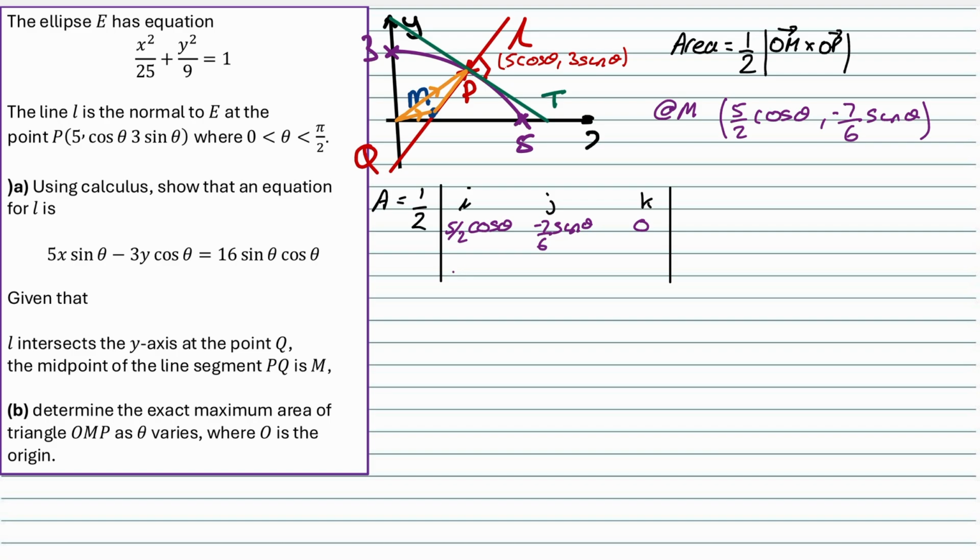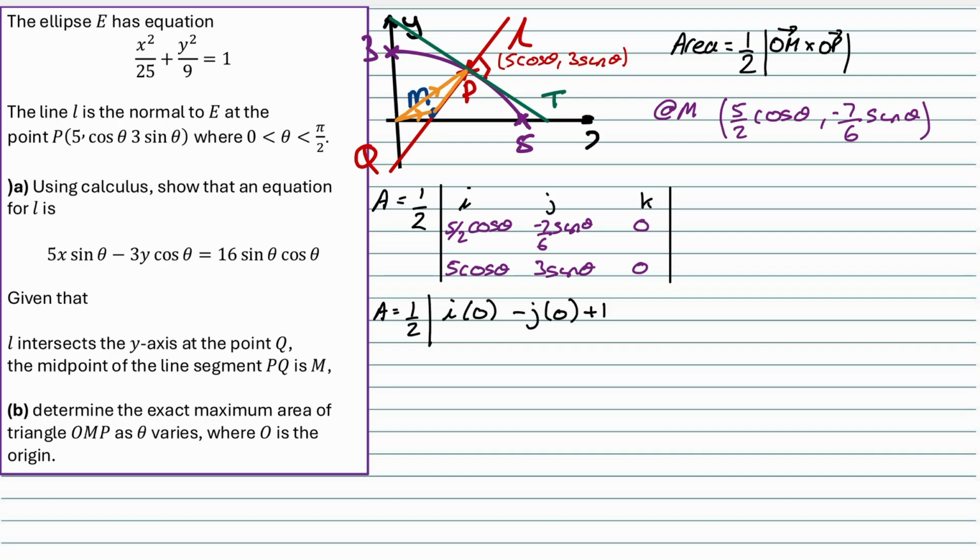And for P, the i will be 5 cos theta. The j will be 3 sine theta. And again, k will be 0. So we can work out the determinant of this 3×3 matrix. And the area will be 1/2. When we have the i term, we're multiplying by 0 and 0, so we'll get 0i, minus the j. Again, we've got a multiplication of 0 here.